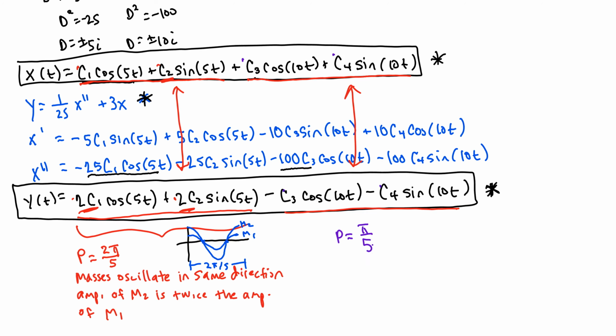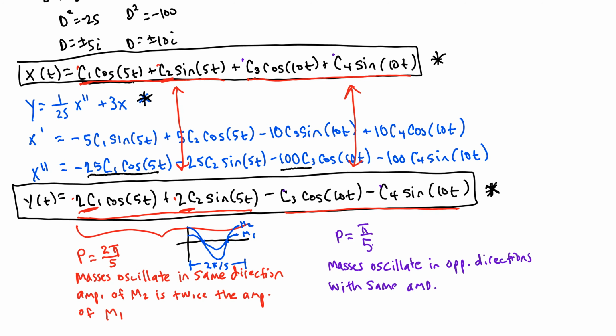So the masses oscillate in opposite directions, but they have the same amplitude.